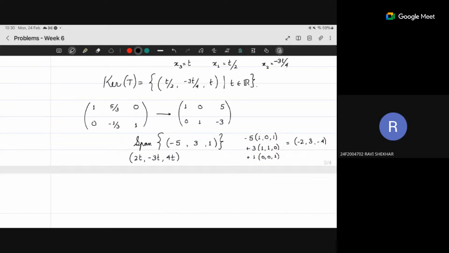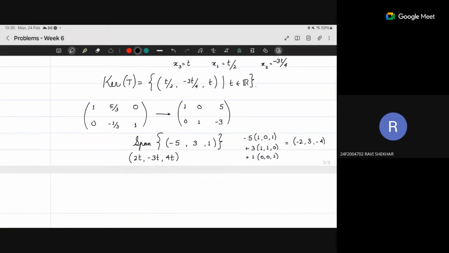Sir, I thought -5, 3, and 1 should be equal to A times 101, B times 110, and C times 001, and the corresponding values of A, B, and C would be that. No, you should not. The matrix, whatever is associated to the matrix, that is the coordinate vector. So -5, 3, 1 is the coordinate vector of the vector in your domain.